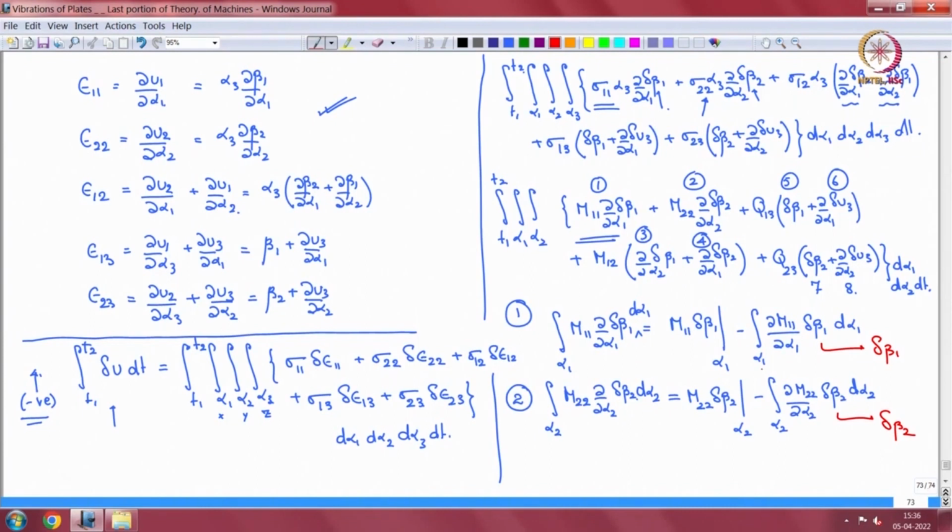Okay. So now on the terms here with integrals, additional integrals, time and the other coordinate will come.